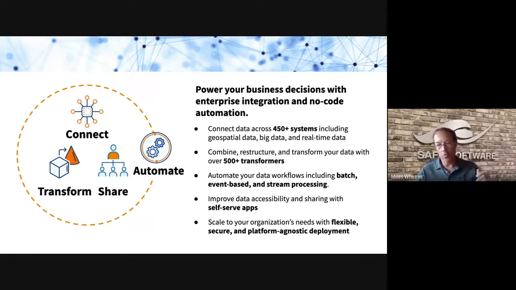You funnel the data through the transformers, and it does a bunch of operations on it to get the data just the way you want. You can see we talk about automating the data. That's more for FME Server. But yeah, you can create apps in FME Server. I really didn't go into any detail of FME Server, but it's a very powerful product. And once again, it does help you scale your organization's data migration transformation needs.